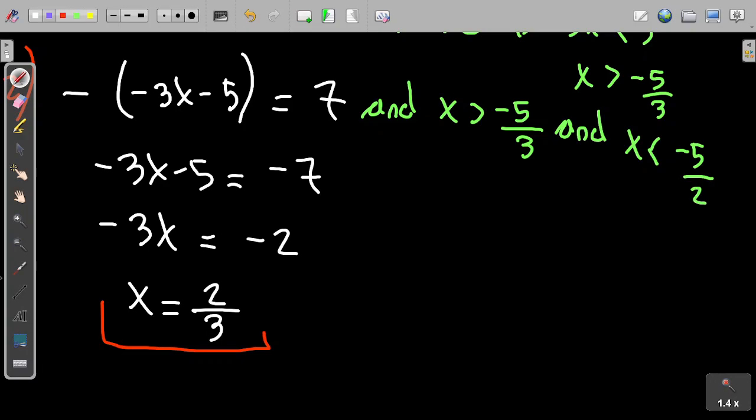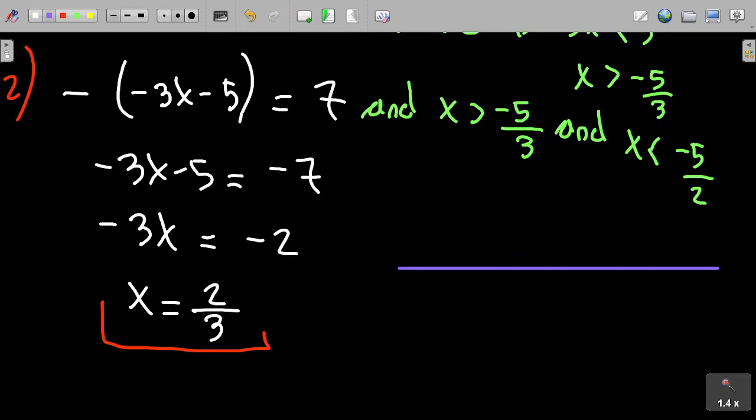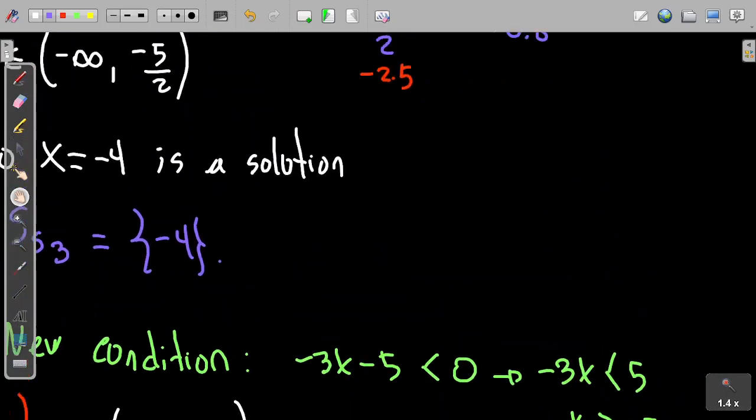Now we can draw a line, and here is negative 2.5, which is 5 over 2, and here we have negative 5 over 3. Oh, sorry, 5 over 3 is 1.6. It's still to the right, so we can modify here.